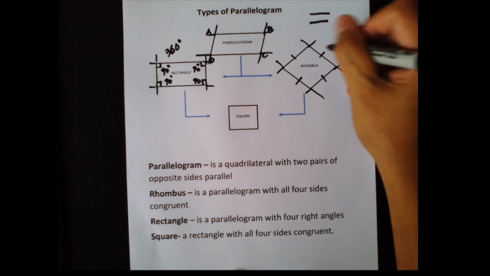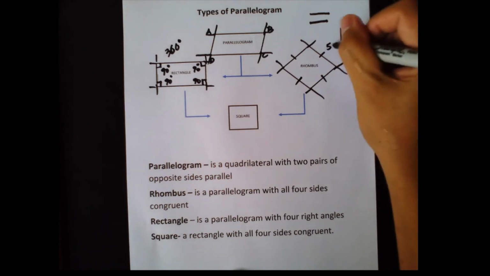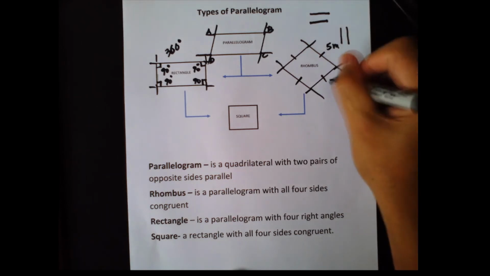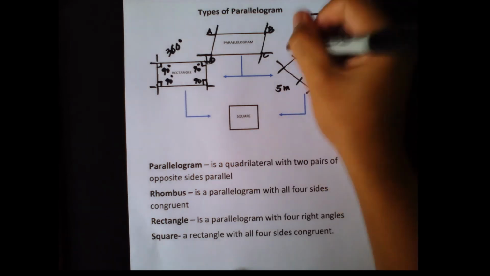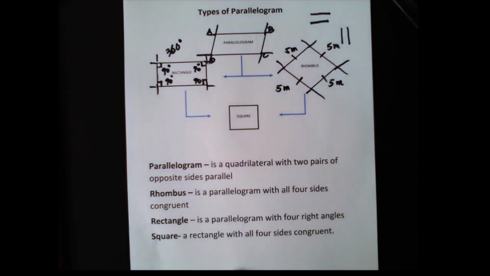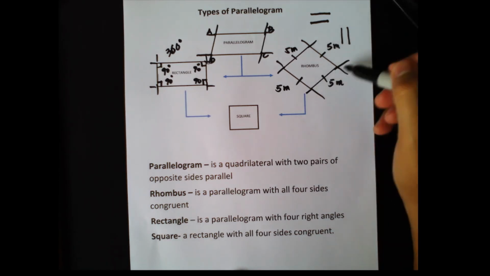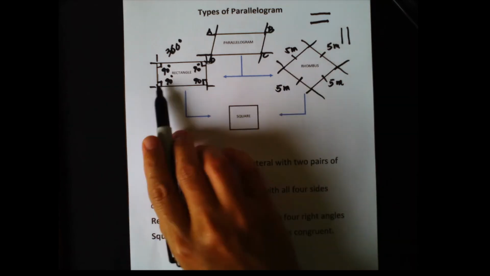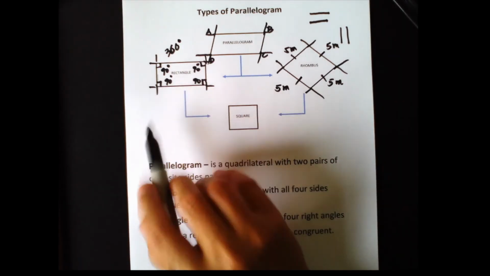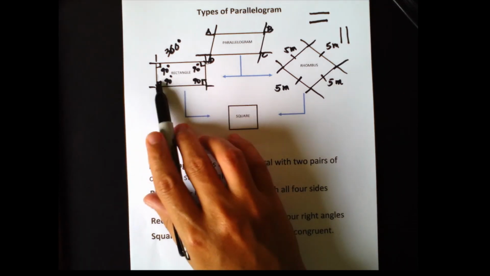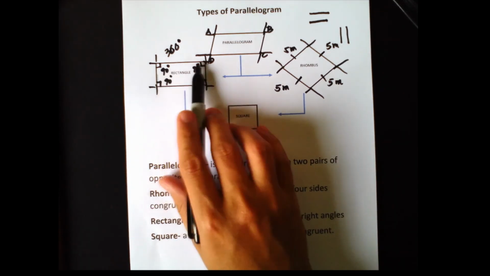If a side has a measurement of 5 meters, then this is also 5 meters, this one also, and this will be 5 meters. So that is the characteristic of a rhombus: all sides are congruent. For the rectangle, all angles are congruent because they have a measurement of 90, a right angle.